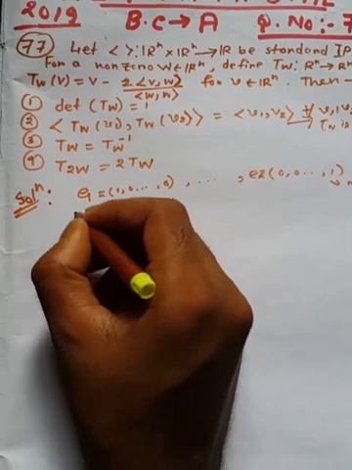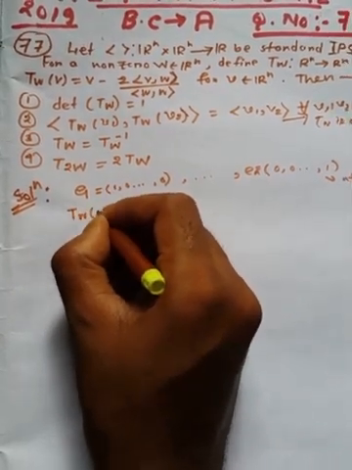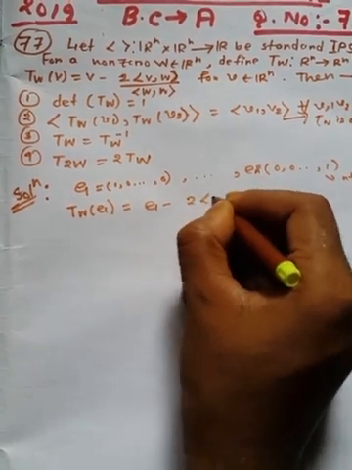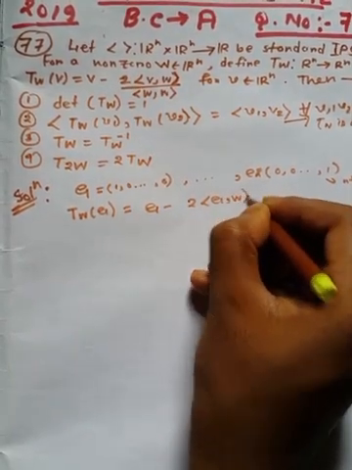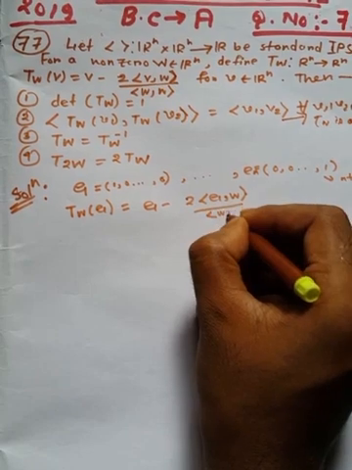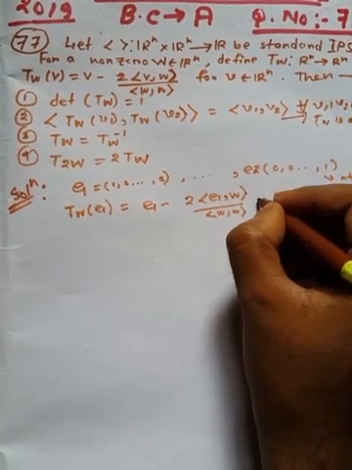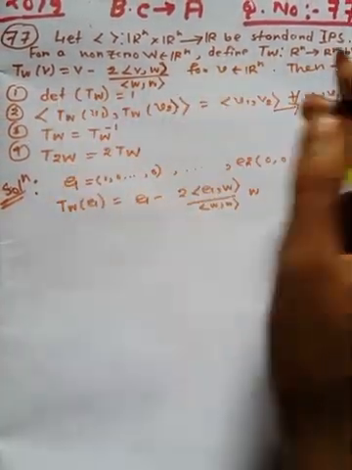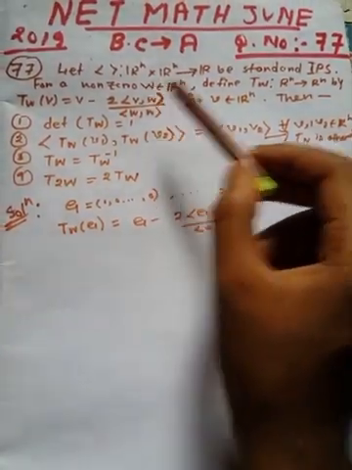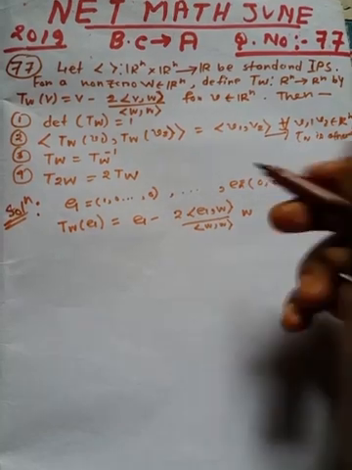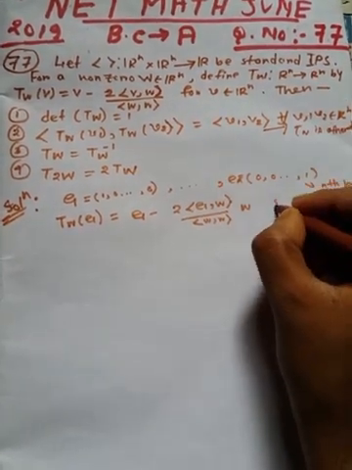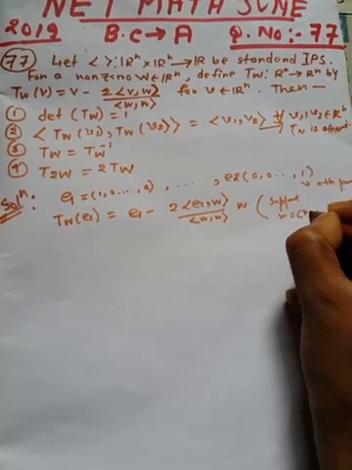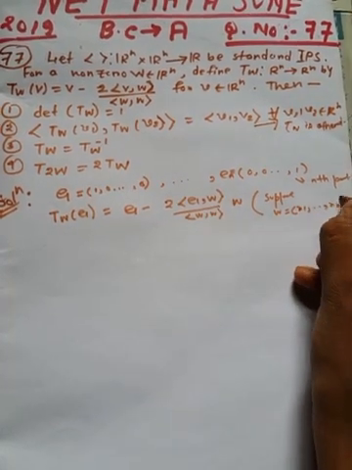So what is TW E1? This is equal to E1 minus 2 times the inner product of E1 and W by the inner product of W and W, into W. Given that W is any member of R to the power n, suppose W equals x1 dot dot dot xn.